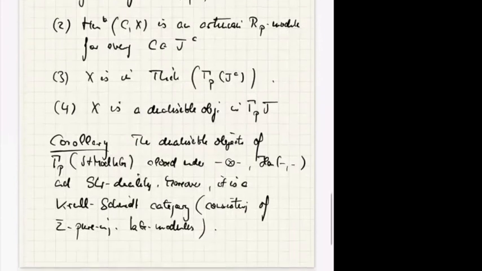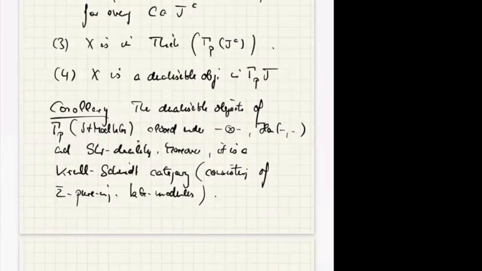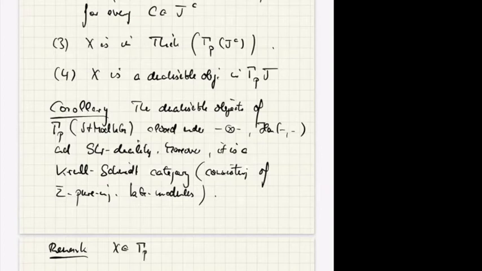And I want now to stress the difference between compact and dualizable again, and this is another remark. I think I said that before, that if the prime is minimal, then both notions coincide. So an object X is actually compact if and only if the graded Hom has finite length over R_p for all objects which are globally compact.